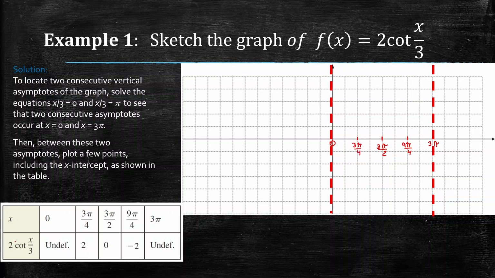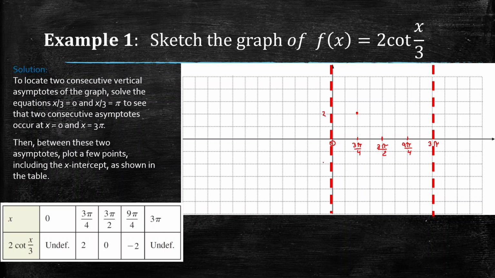And so now my cotangent function here, again, we know that x equals 0 is undefined and x equals 3 pi is undefined. We plotted those points on purpose. And our midpoint was our 0 point. Now, this function is stretched by 2. So at 3 pi over 4, I would normally be up at 1. But because I have this stretch, this point right here, we're going to call that 2.